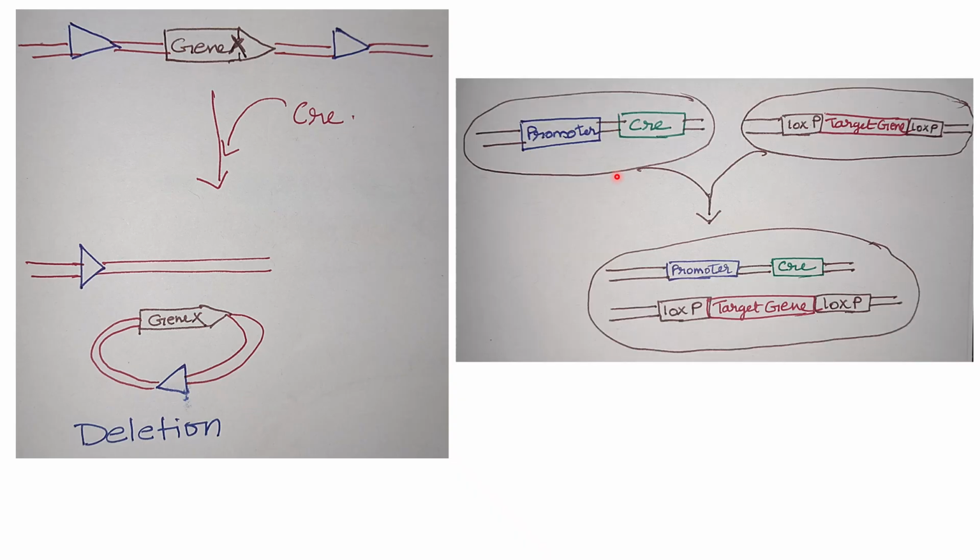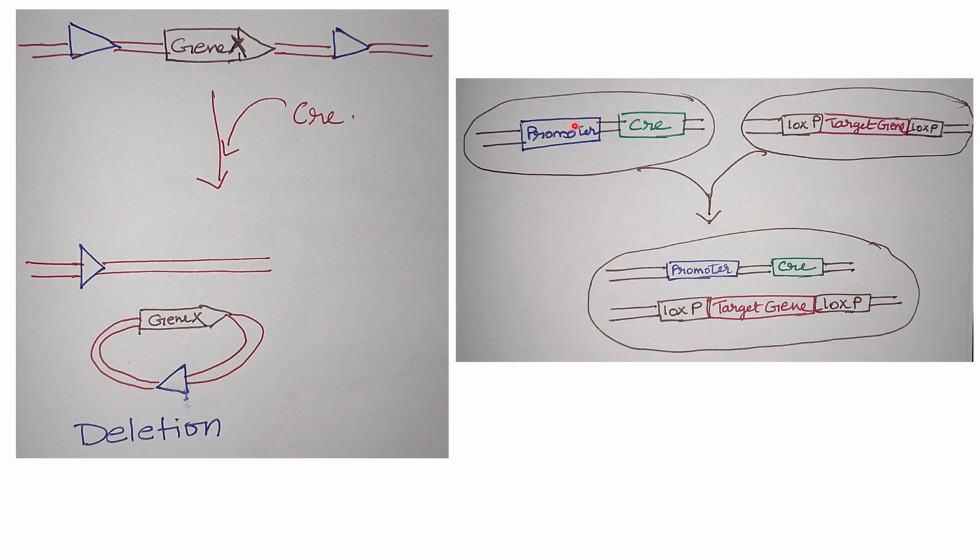Now when you are conducting this Cre recombinase LOXP experiment in animals, one example I will tell you is how they conduct this experiment. They will transform a mouse with the Cre gene, which will produce the Cre recombinase protein.